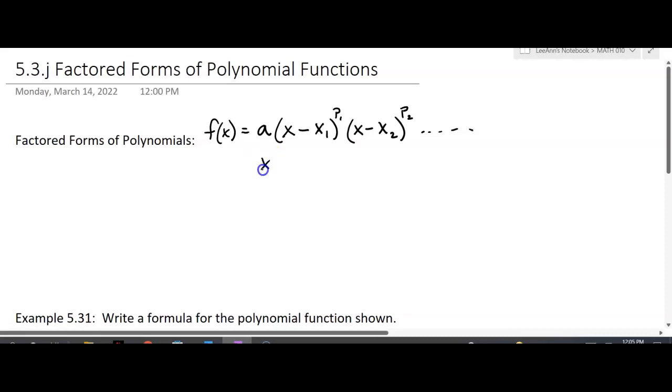The x sub 1, x sub 2, etc., those are the x-intercepts. So each intercept makes a factor.